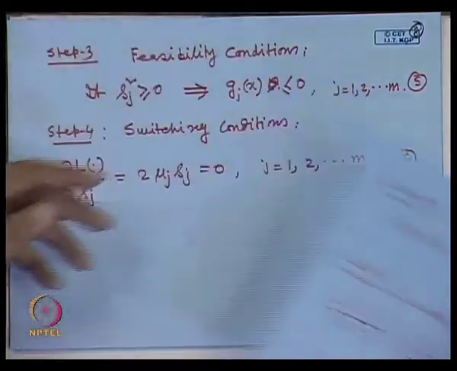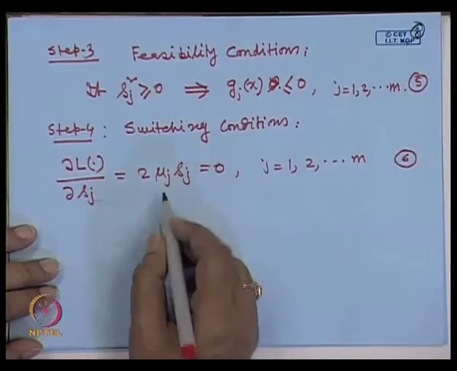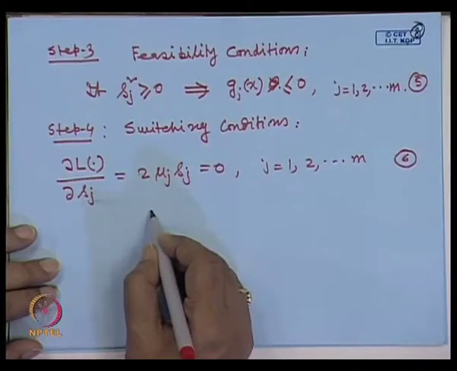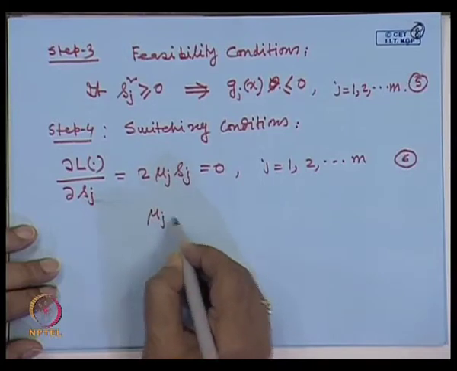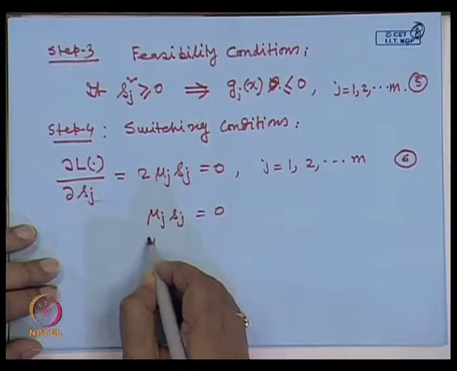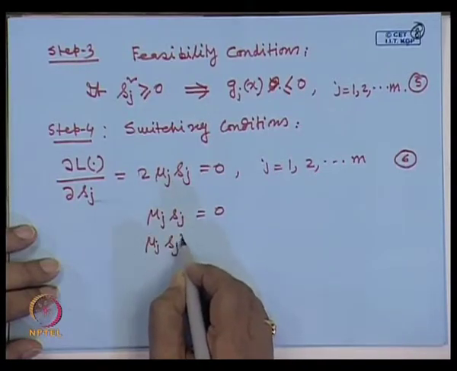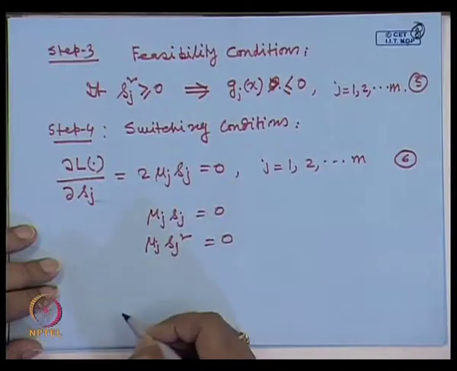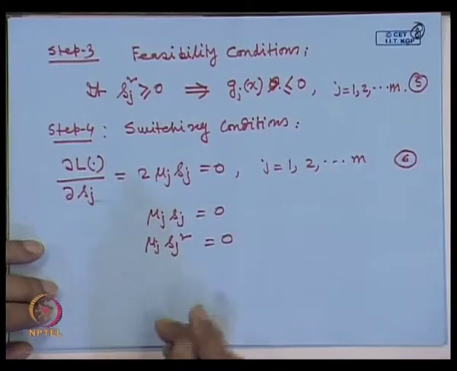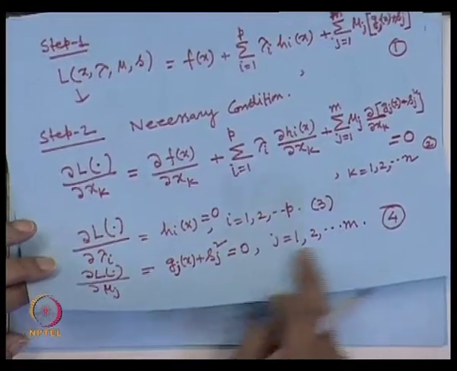So, let us see what we can do. You multiply both sides of this equation, that is mu j s j is equal to 0, by s j. So, mu j s j square is equal to 0. Agree?